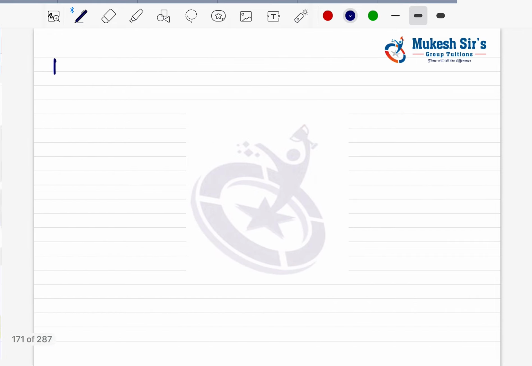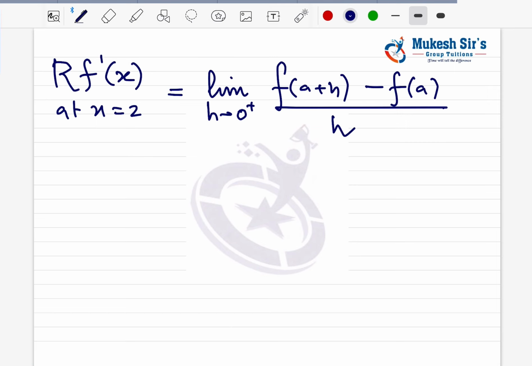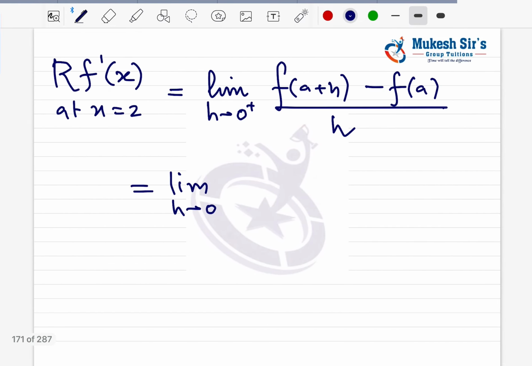At x equal to 2, it will be equal to limit of h tends to 0 plus, f of a plus h minus f of a, the whole divided by h. So for the right hand derivative, what did we get for f of a plus h? 8 plus 3h, minus f of a which was 8, the whole divided by h.